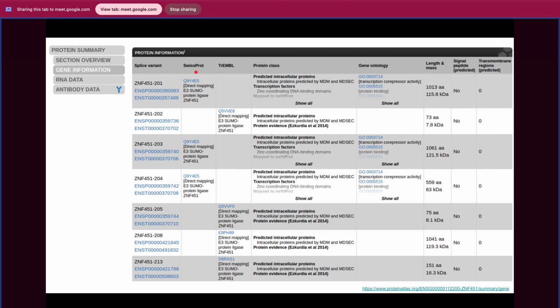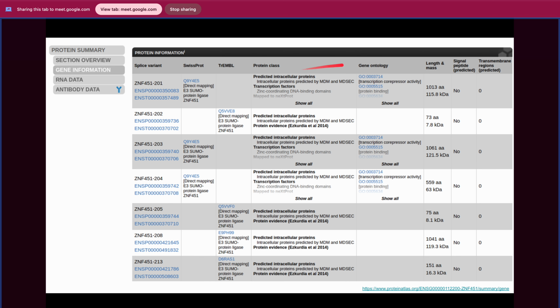SwissProt is the dataset which contains protein sequence information or protein information coming from experimental evidence, whereas TrEMBL stands for translated EMBL, which means that it is translating your RNA information to protein. So this is not experimental information, but it is computationally predicted, that is, what are the expected proteins which can be synthesized from the RNA.